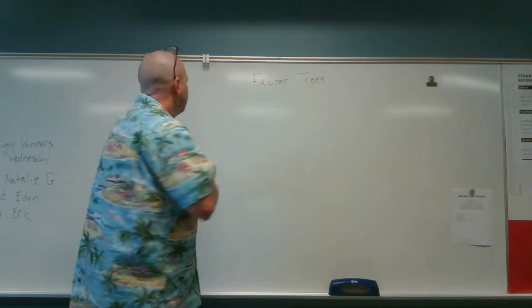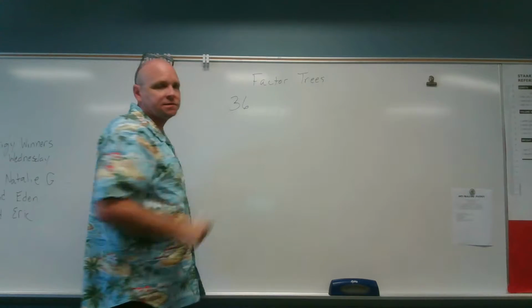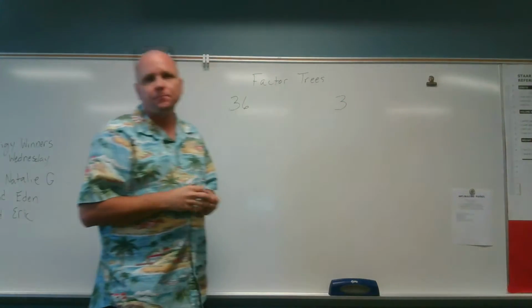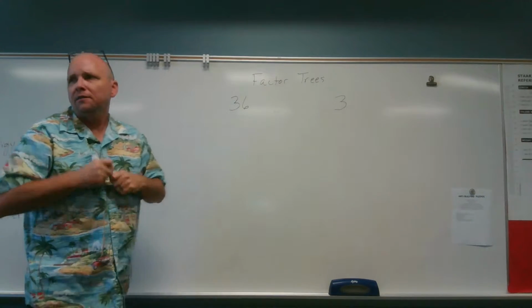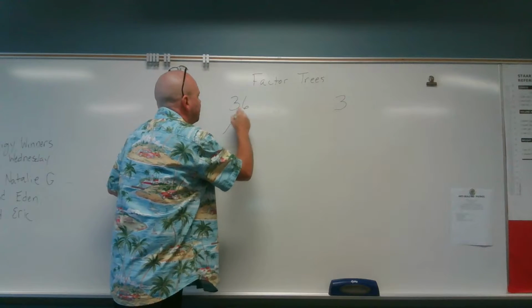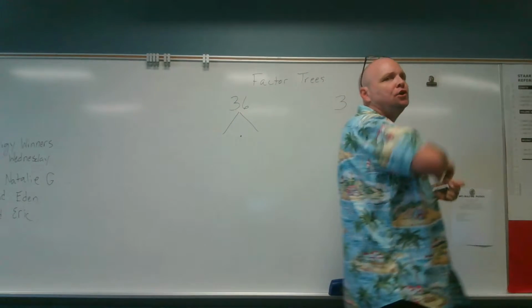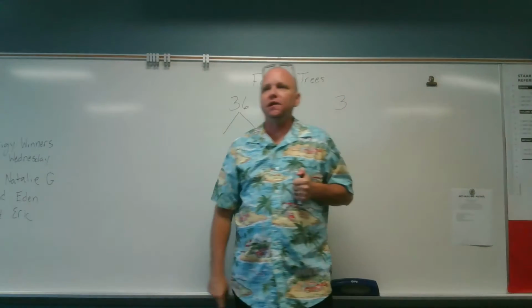And we have the number 36. And we're going to take this and make like a tree, which means I need two numbers that multiply together to equal 36.